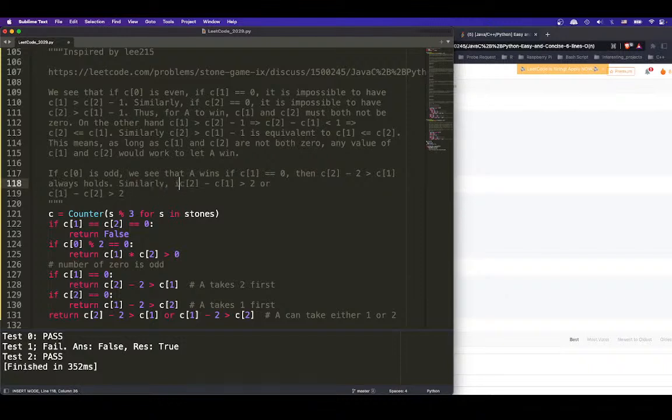Similarly, if C2 is equal to 0, C1 minus 2 larger than C2 always holds.